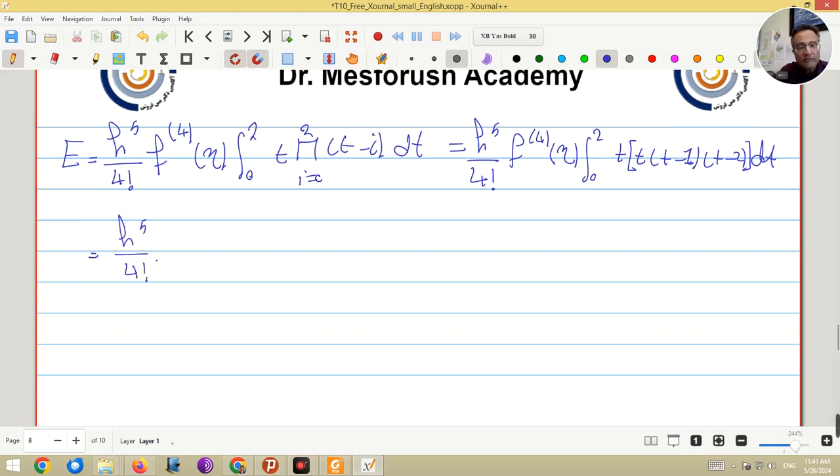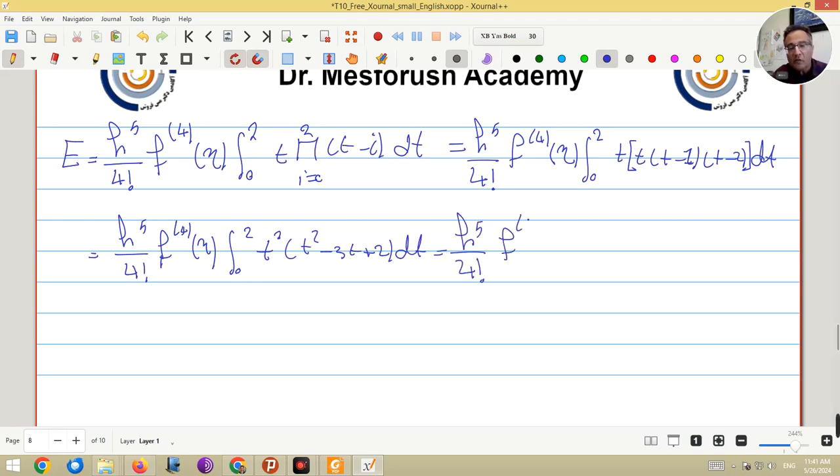Something exactly like this. So it will be h5 over 4 factorial, fourth derivative of f at eta, integral 0 to 2 of t squared times (t squared minus 3t plus 2) d t, and this will be h5 over 4 factorial, fourth derivative of f at eta, integral from 0 to 2 of (t to power of 4 minus 3 t cube plus 2t squared) d t.